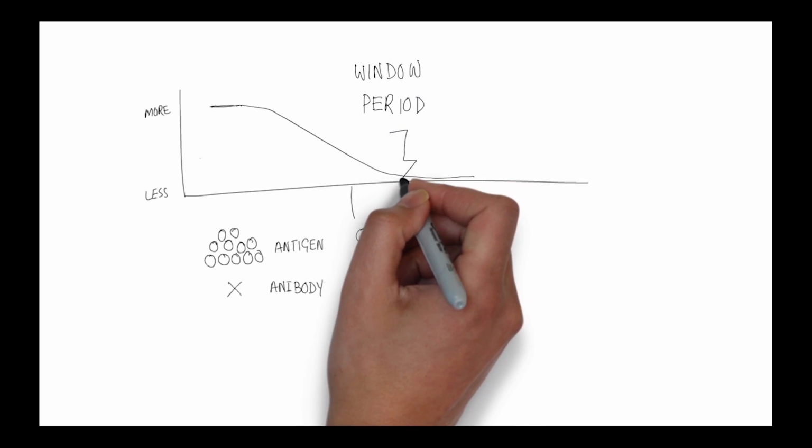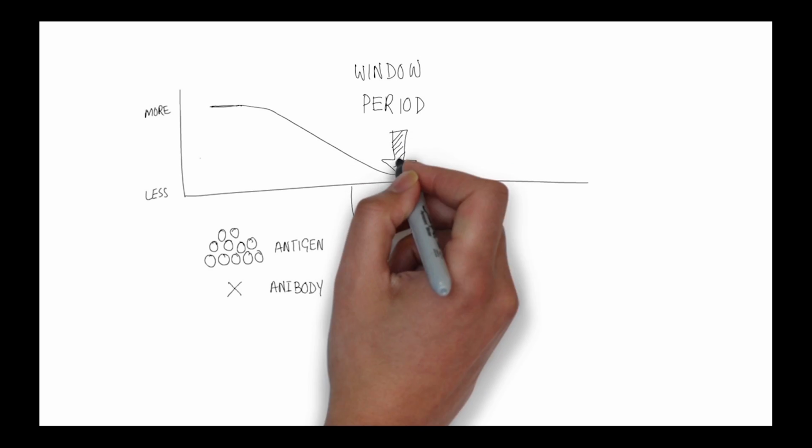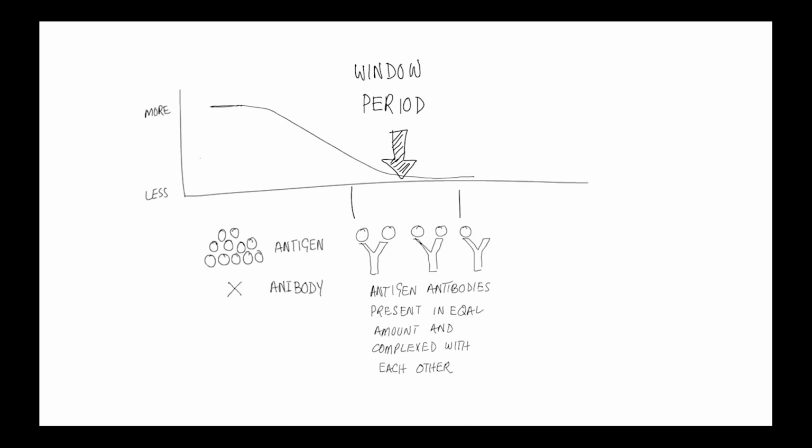Now if there were 5 antigens and there was 1 antibody, then the measurement system would say I have 4 antigens. If there are 3 antigens and 3 antibodies, or 5 antigens and 5 antibodies, they both are present, infection is there, body is also responding, what do you think the measurement system will measure? Measurement system will measure 0. Why? Because all of them have become complexed with each other, and the measuring system would say 0 antigen and 0 antibody.